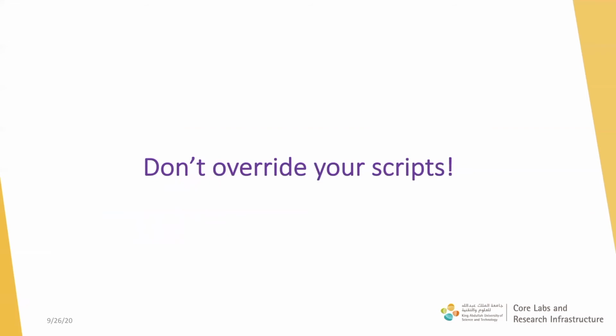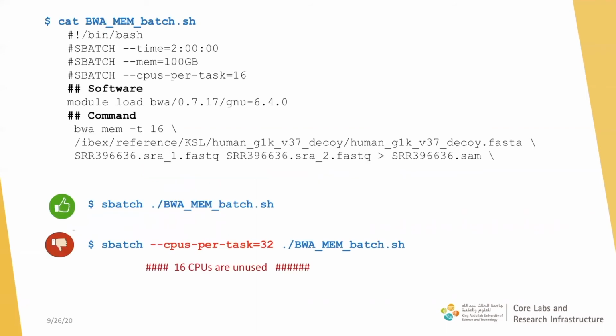The next tip is don't override your script. In the same example, in my job script file I specified CPUs per task as 16, but during submission I specified CPUs per task as 32. What will happen in this case? The scheduler will allocate 32 CPUs, but the application actually uses only 16 threads.